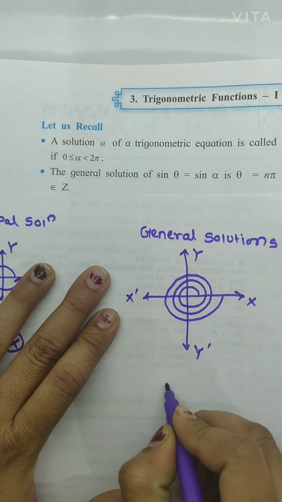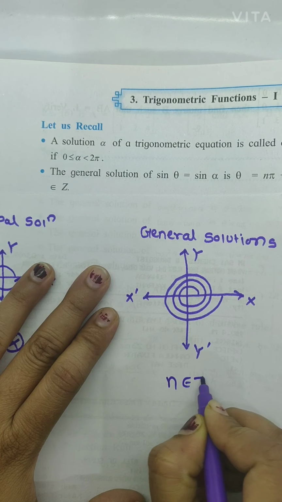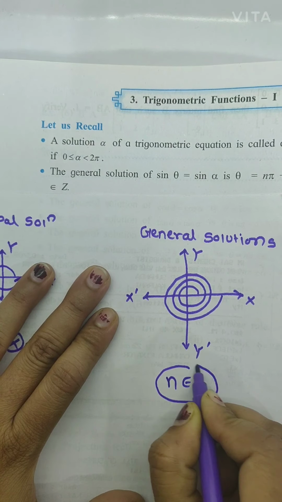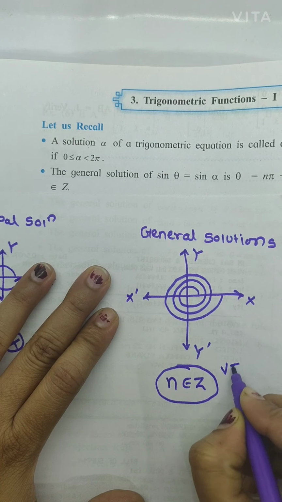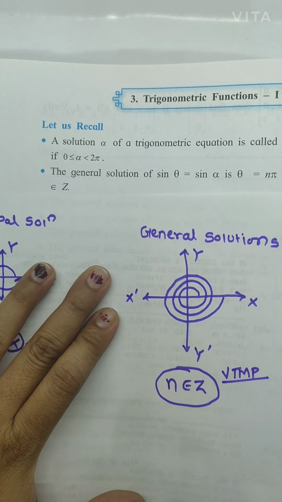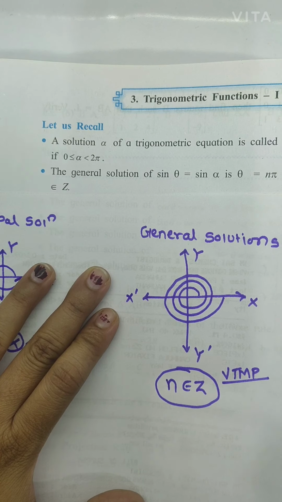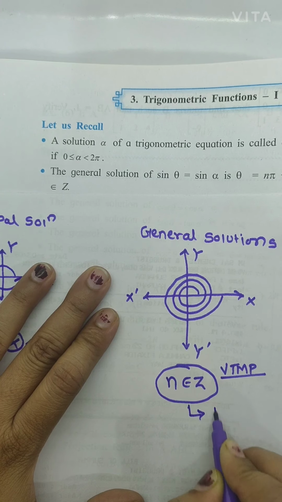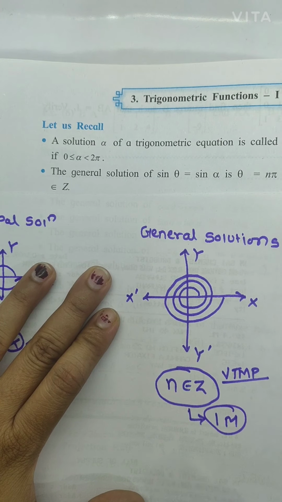N belongs to z. This concept is very important for your trigonometric functions, for your general solutions, because this step carries 1 mark in your board examination.